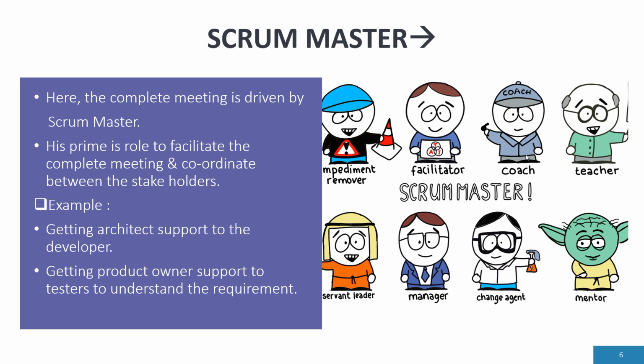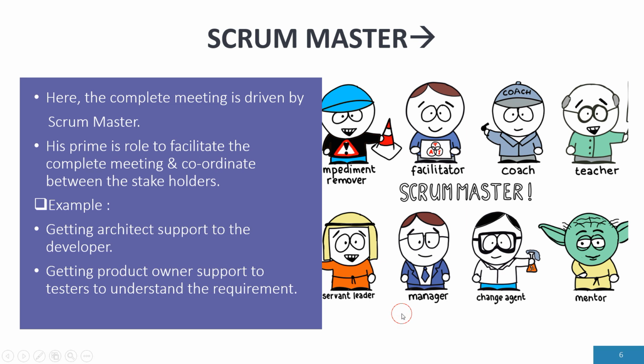Your scrum master is a facilitator, coach, teacher, mentor, impediment remover. The complete meeting is driven by the scrum master, and his prime role is to facilitate the meeting and coordinate between the stakeholders. For example, getting architect support to the developer and getting product owner support to testers to understand the requirement.